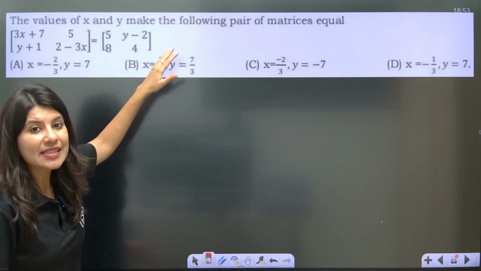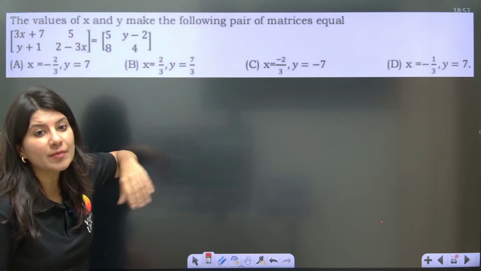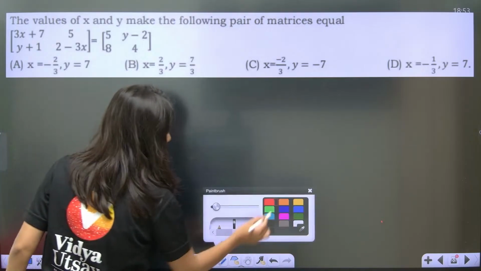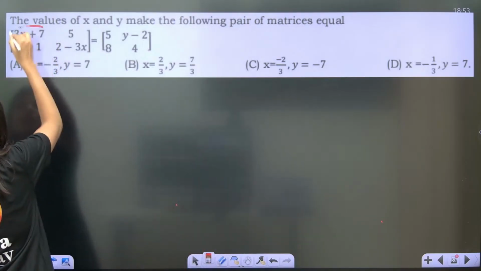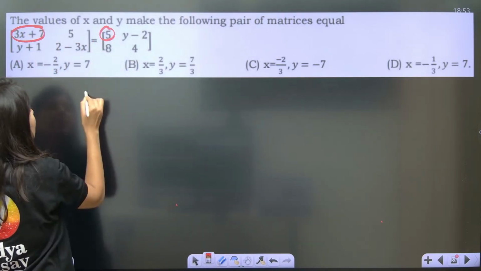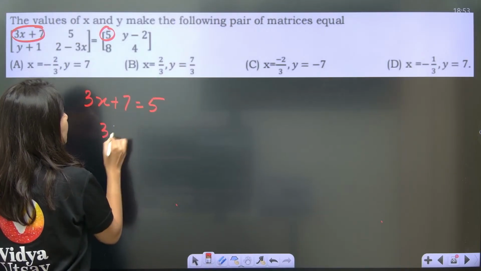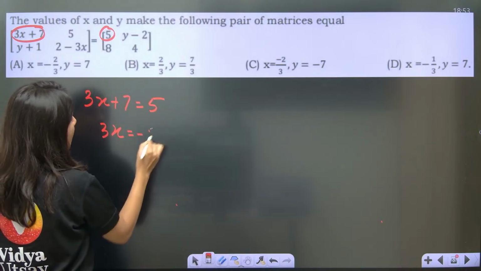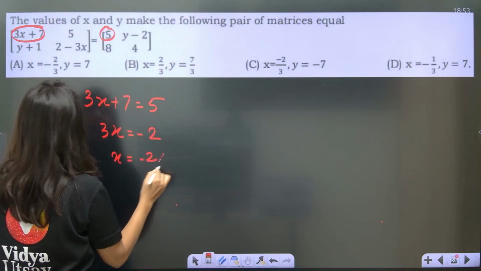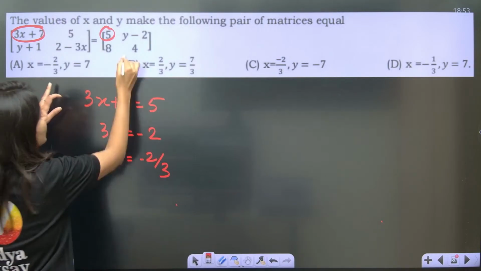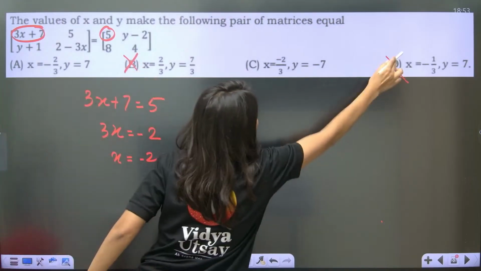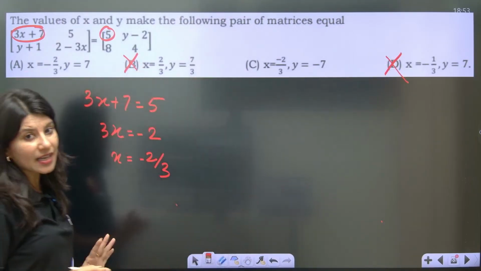Two matrices are equal when their corresponding elements are equal. So what we need to do over here is 3x plus 7 and 5 should be equal. So 3x is going to be minus 2, x is minus 2 by 3. So option B is wrong, option D is also wrong. Either A or C is correct.